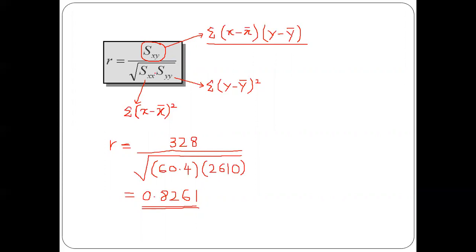Sxx is the sum of total for x minus x bar squared, and Syy is the sum of y minus y bar squared.